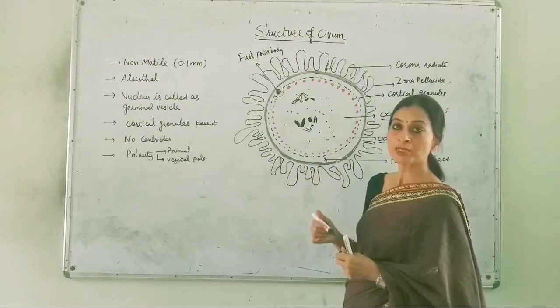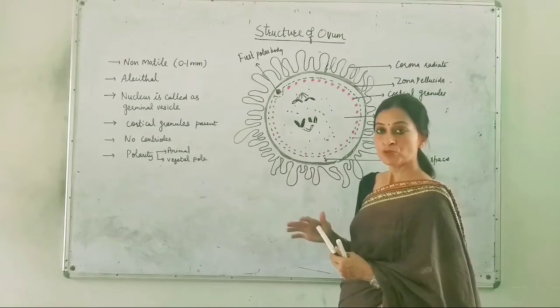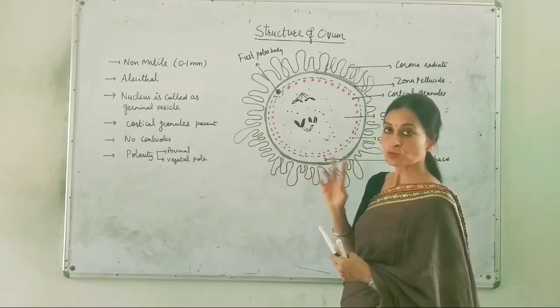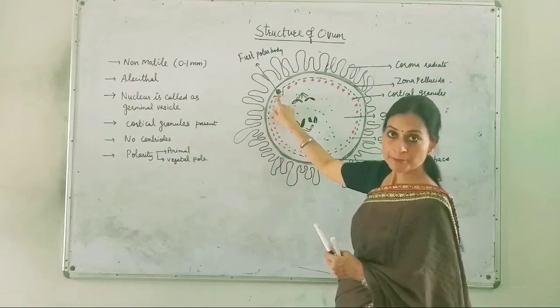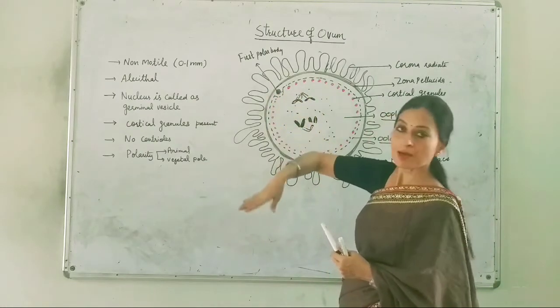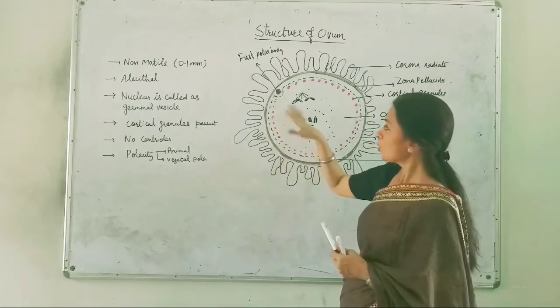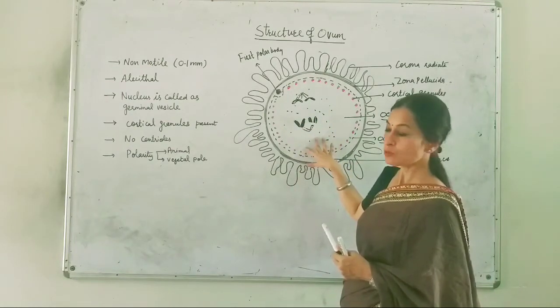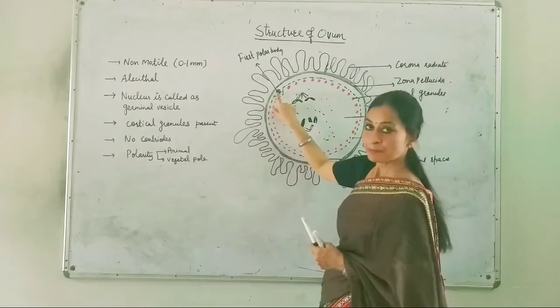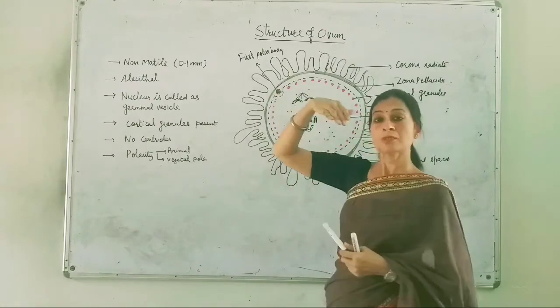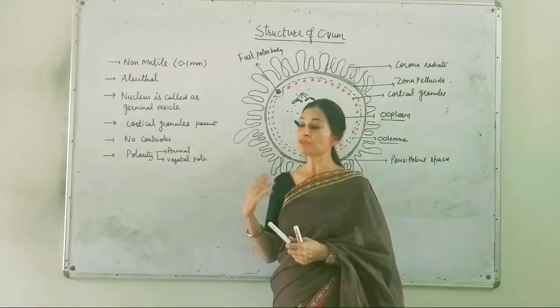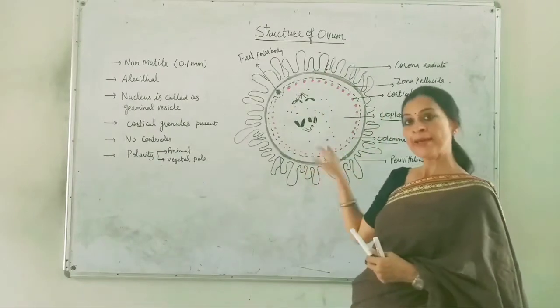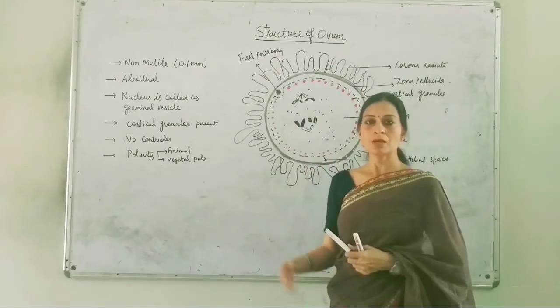The primary oocyte undergoes meiosis first and forms two cells. One was this polar body, which is lying outside the plasma membrane of the bigger cell, the secondary oocyte. Okay. Now because of the presence of this polar body, we can also assign polarity to this cell.